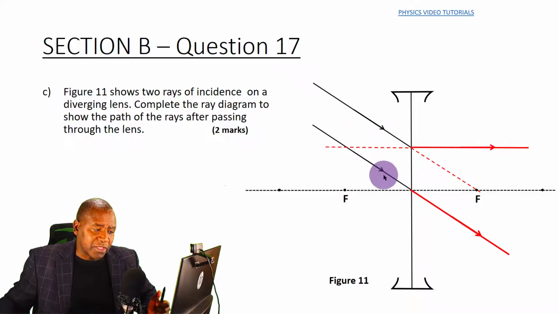Now, the fact that these two rays are parallel to each other means that they would appear to meet at the focal plane. If you draw this diagram accurately, you'll find that wherever they appear to meet will be somewhere along this vertical line here, which identifies the focal plane of this lens.